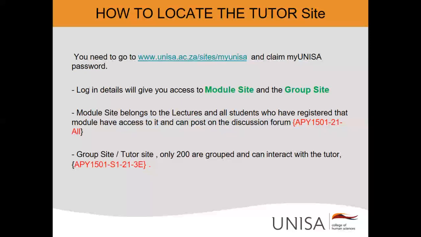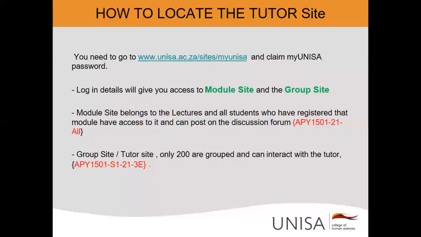The difference between the two sites, if you can check there in red, is that the APY 1501, which is the module code, still remains the same. And you have 21, sorry for that, it should be 21 before the S1. So it's 21, which is the year 2021.